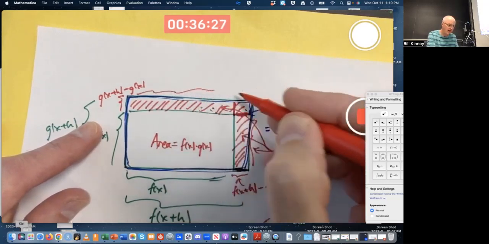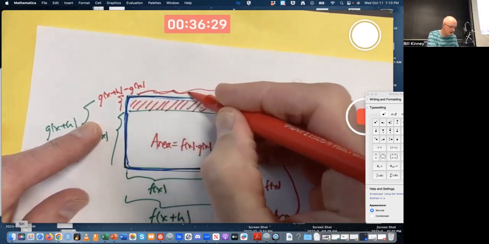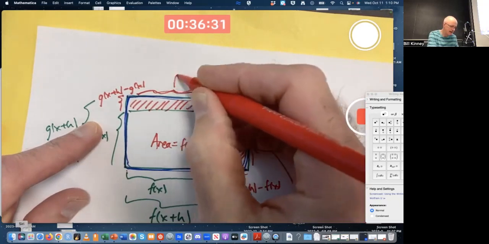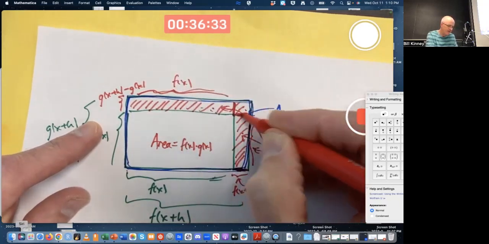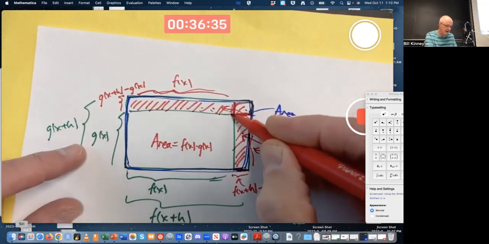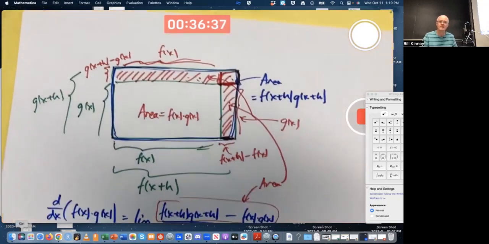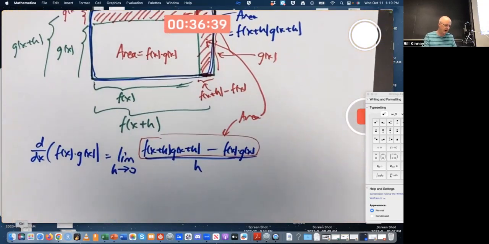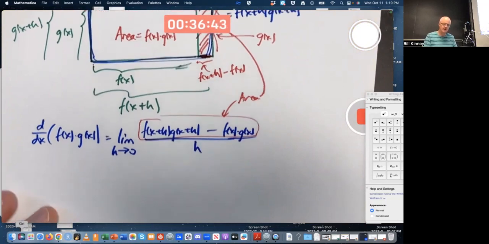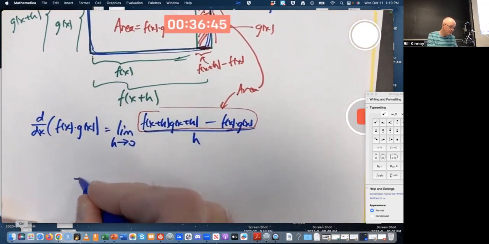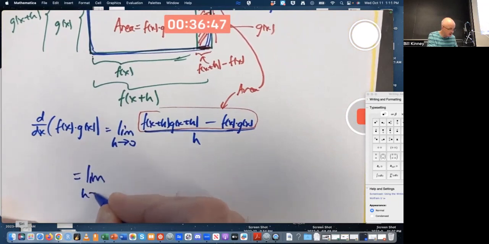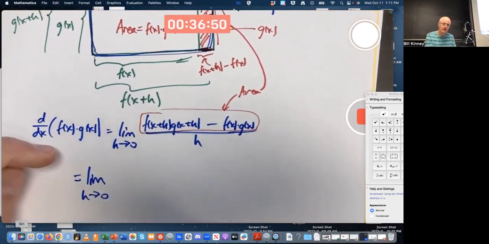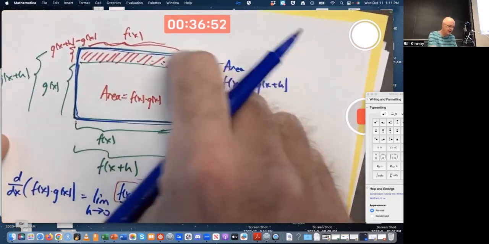That distance right there is the same as this one. It's f of x. And yeah, we've already figured out the sides of this little rectangle. So according to what we've just shown up there, it looks like this difference should be, at least based on the picture, the sum of the areas of these three rectangles.